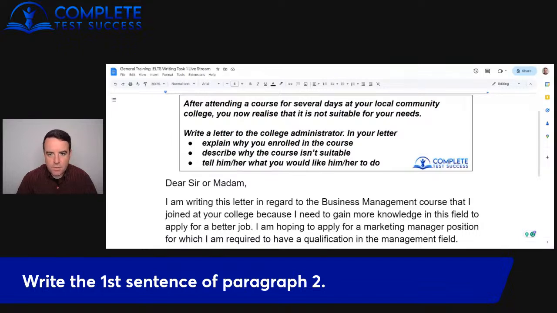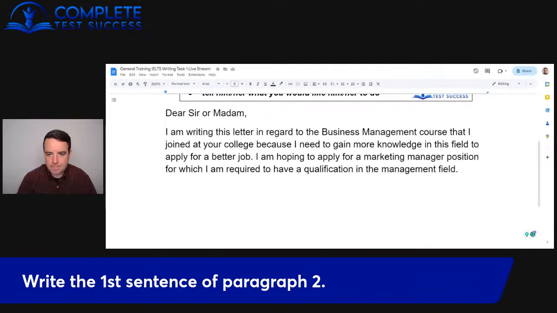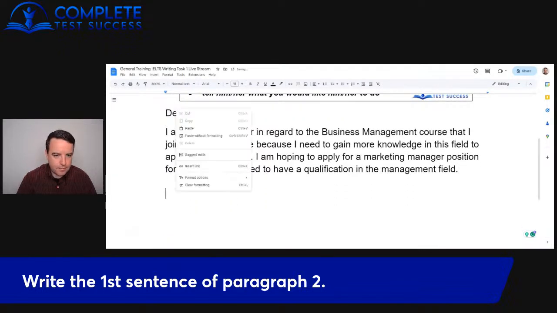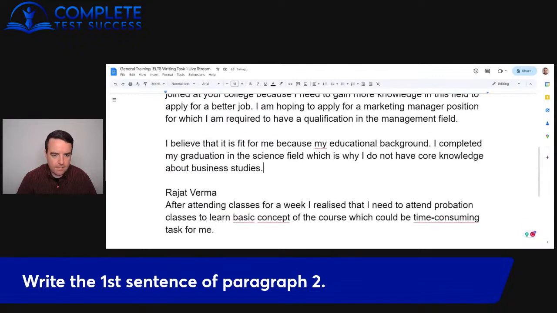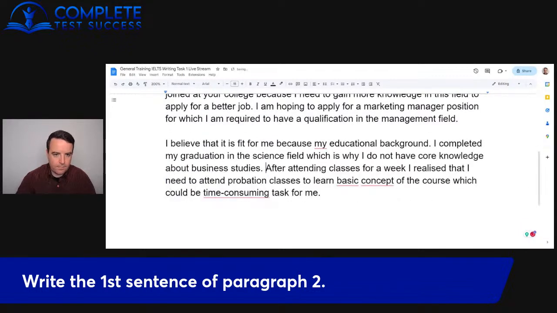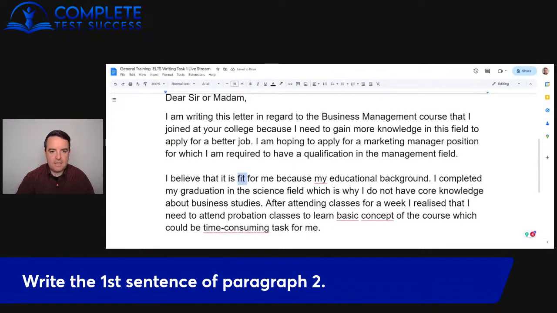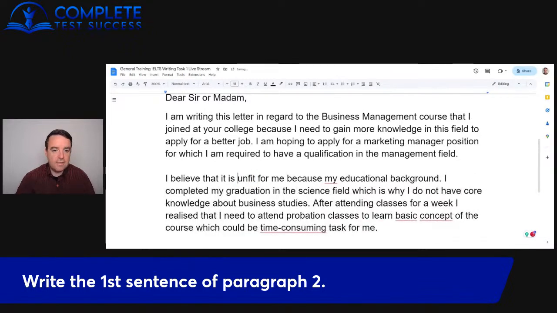That makes sense. Okay, so let me just jump on and take Rajat's response here. So I believe that it is, let's say, if you wanted to say unfit, but remember in general training, it's really important that you don't have informal language. Oh no, I'm wrong. That's not informal.